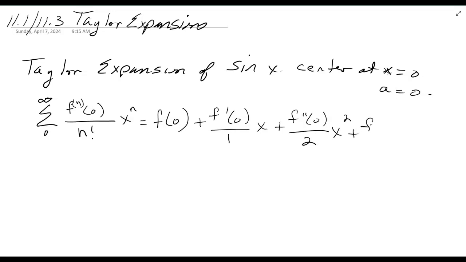Let's go to n equals 7 for this particular one. You're going to see in a minute a lot of terms are going to cancel out, so we have to go kind of far out to really see what this looks like. So f to the third of 0 over 3 factorial. Okay, you get the idea.